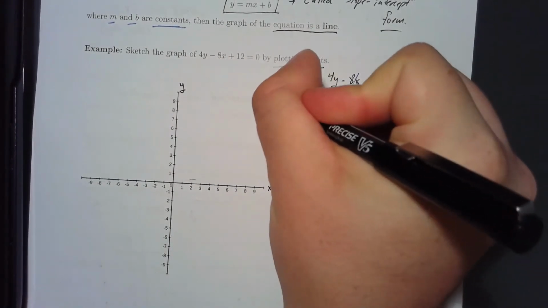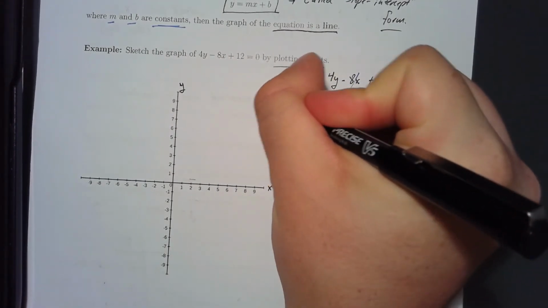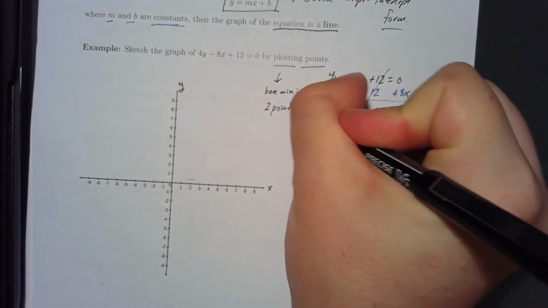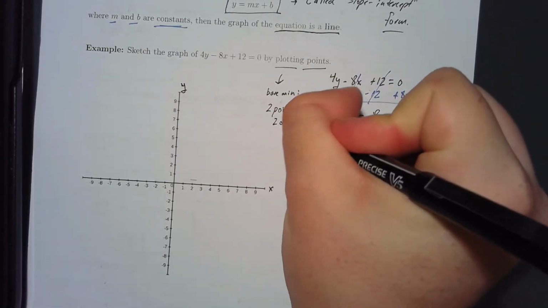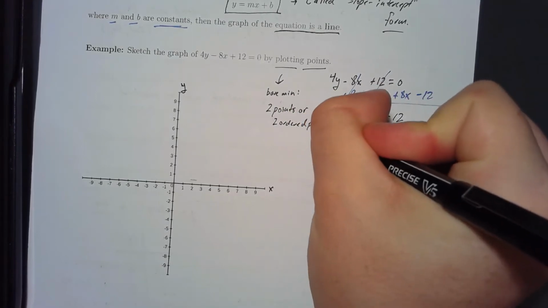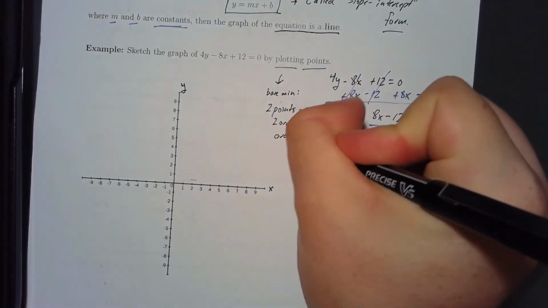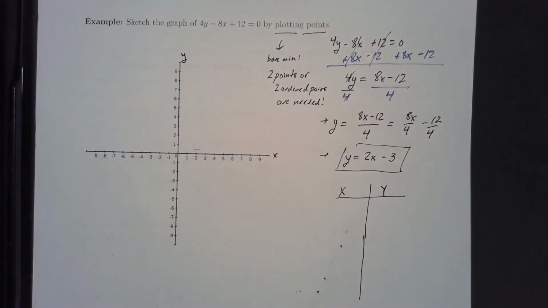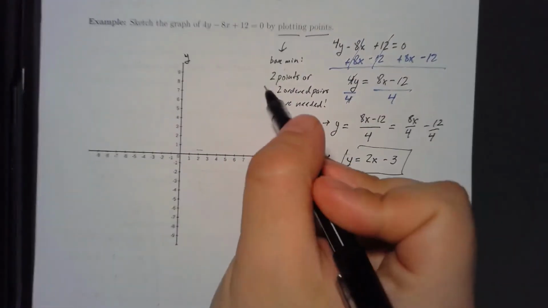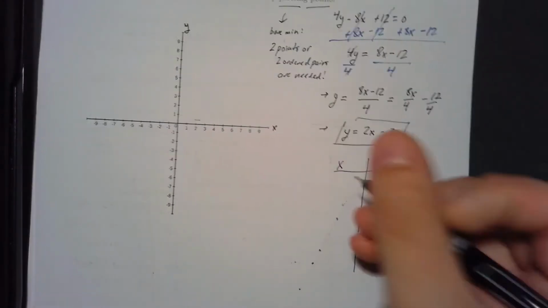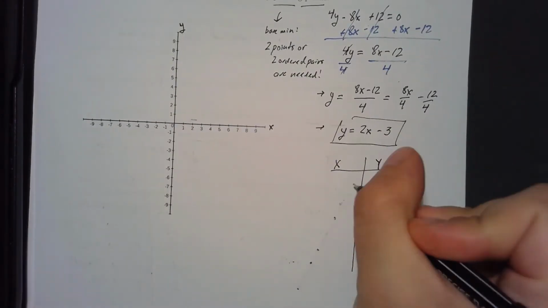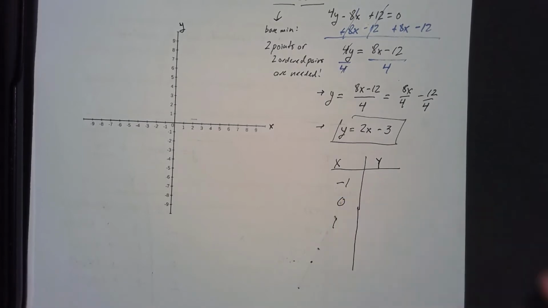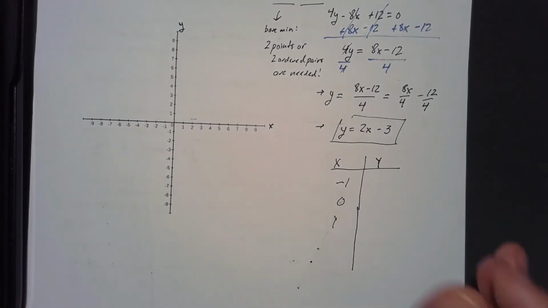So I'll just say here, bare minimum, two points or 2 ordered pairs are needed. But you could have as many as you want, as long as it's at least 2. I'll pick 3: -1, 0, and 1. I like to get at least one negative value, that's why I picked those 3.